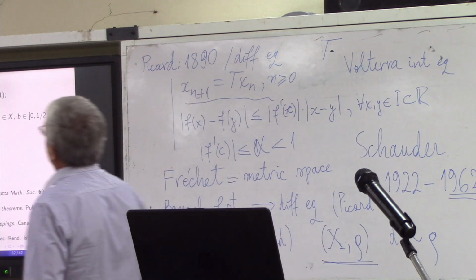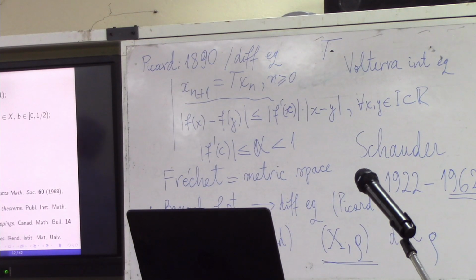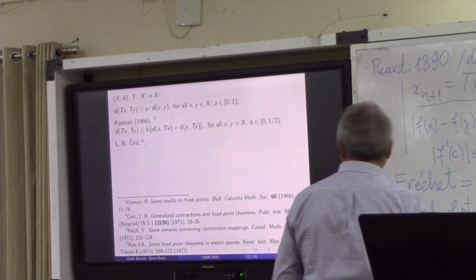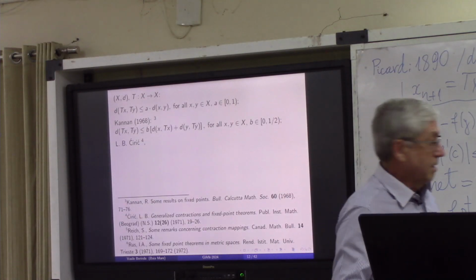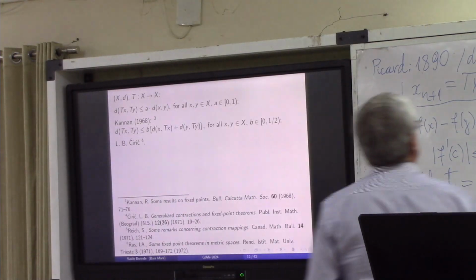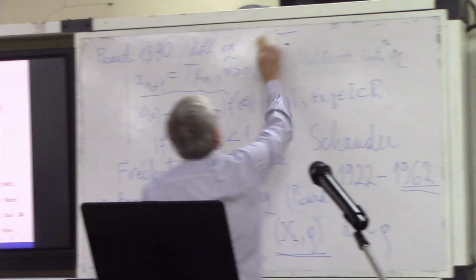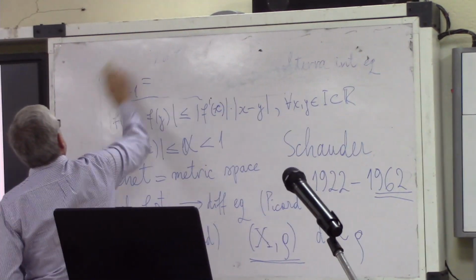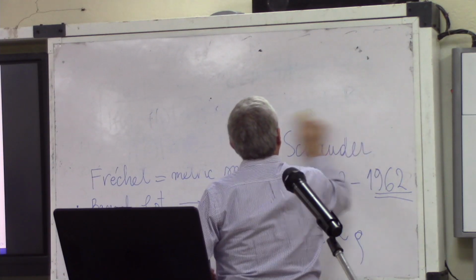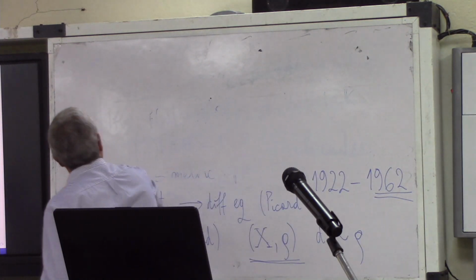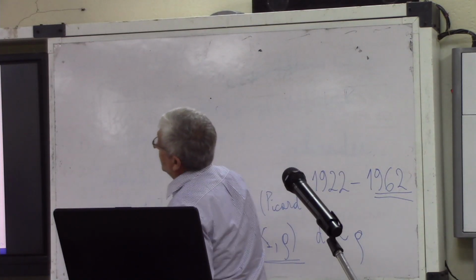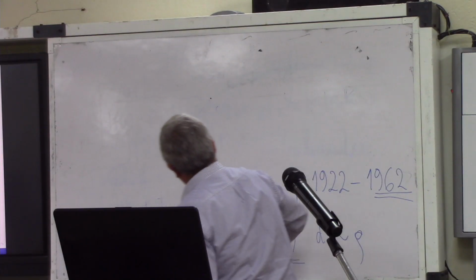Instead of considering the usual contraction condition, he took these two distances, and he showed that the conclusion of Banach's fixed point theorem holds even with this condition.